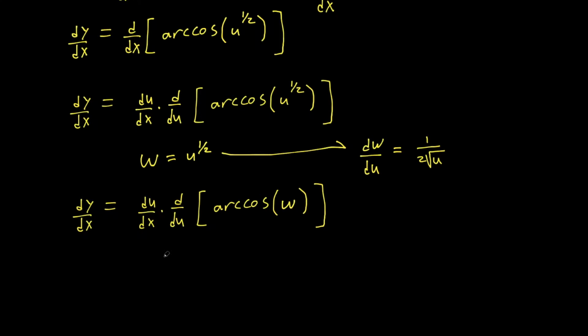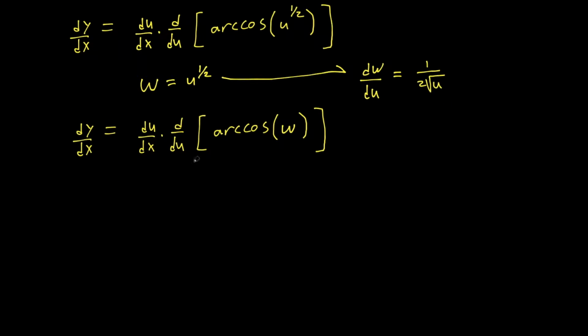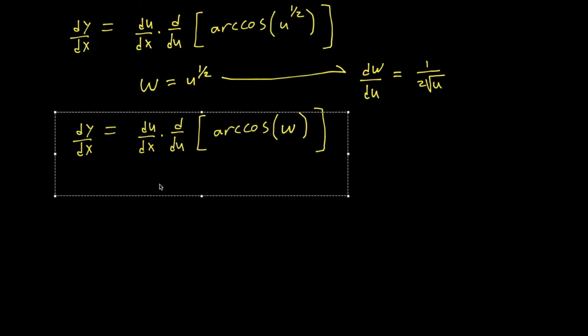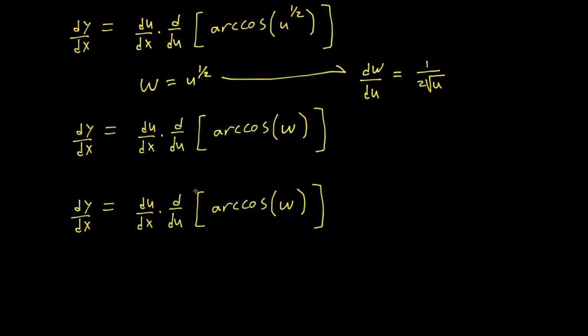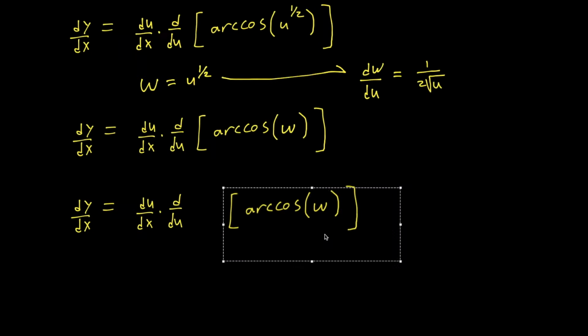So we can do the following. First we're going to copy this again and bring it down. So we're going to multiply du dx times dw du, which we just solved for, times d dw.